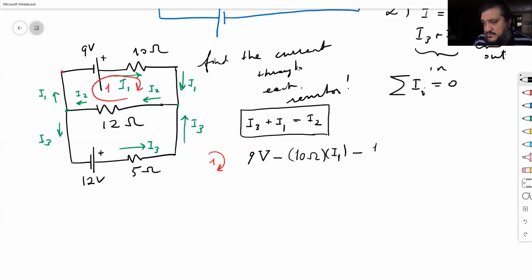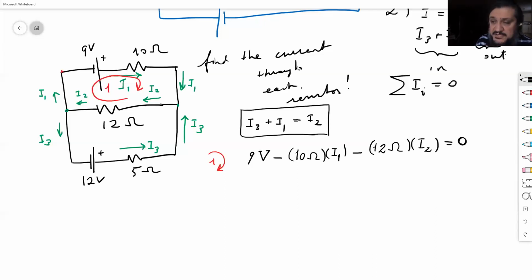The potential drops by 12 ohms times the current, which I called I2. And I'm back at the same point, so it is equal to 0. Okay. This is the second equation.